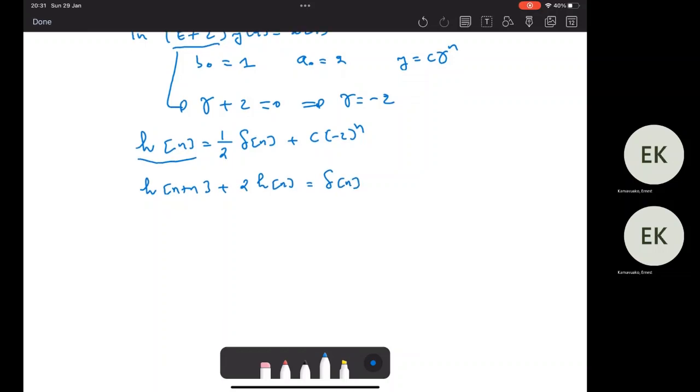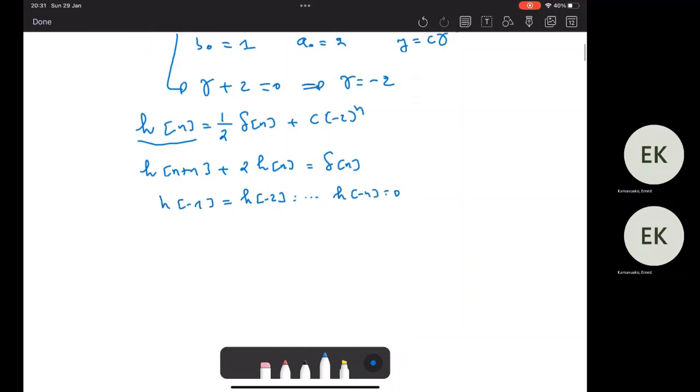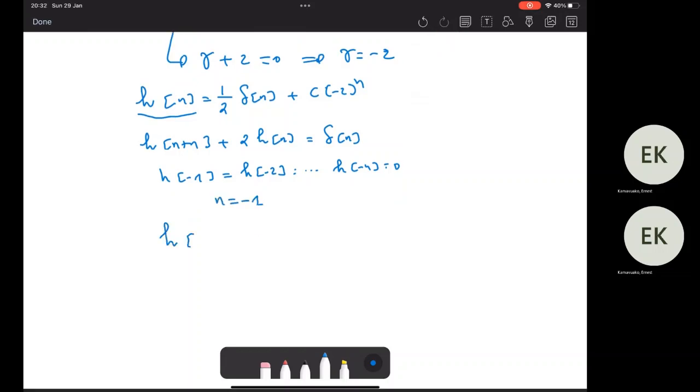And knowing that the initial conditions, as the system is causal, will be equal to 0, we can then try n equal to minus 1, which will give us h[-1+1] plus 2 h[-1] equal to delta[-1].